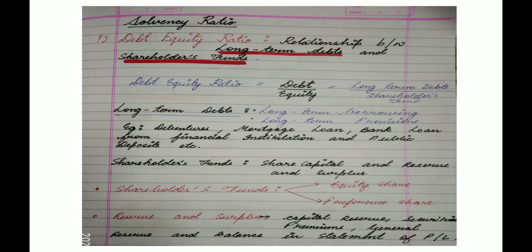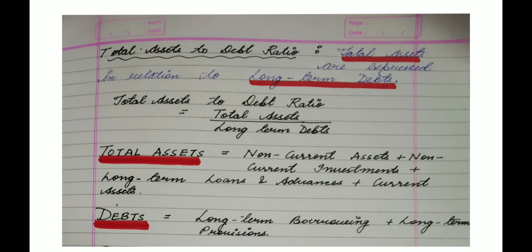Now, the total asset to debt ratio. You need not worry about remembering the ratios because the name of the ratio already suggests the formula. So the total asset to debt ratio here means the total assets are divided by long-term debts. So what are total assets?